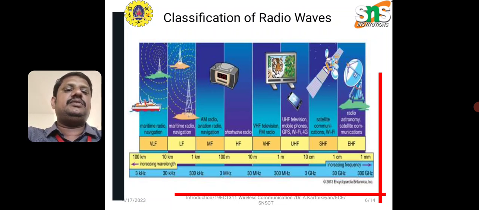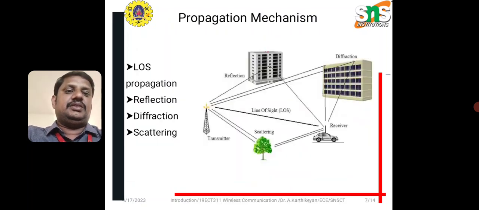Medium frequency and high frequency are used for television and radio communication, and very high frequency and ultra high frequency are used for satellite communication and satellite TV. Extremely high frequency is mainly used for transponders, where satellite communication has uplink and downlink frequencies in the gigahertz ranges.